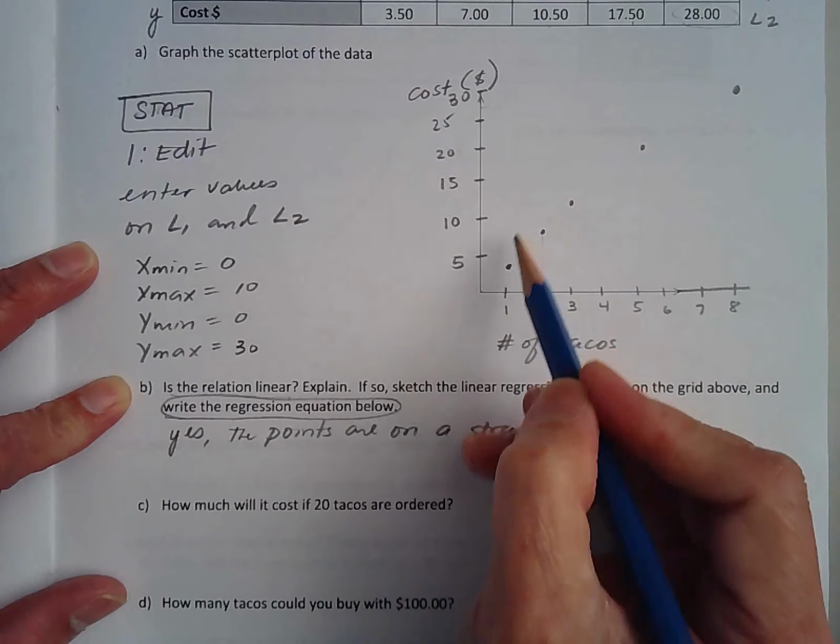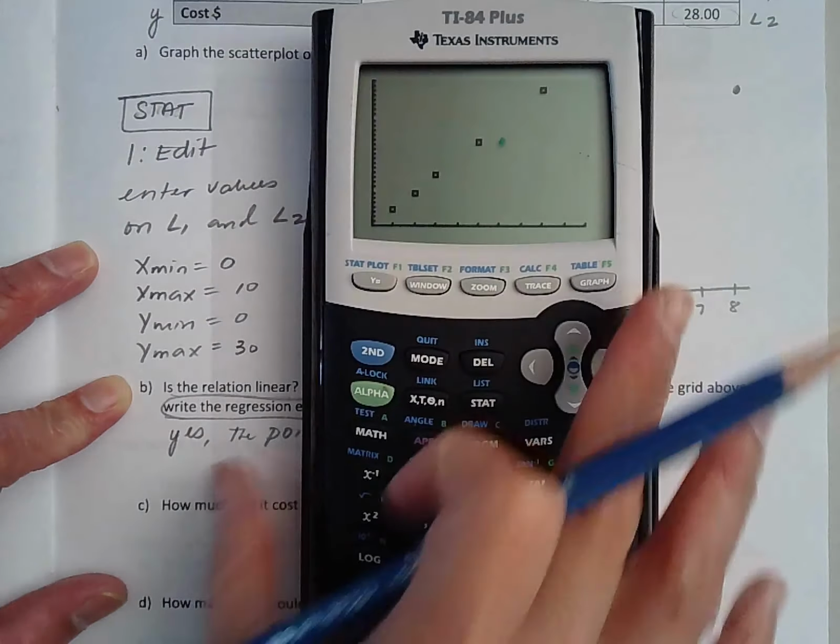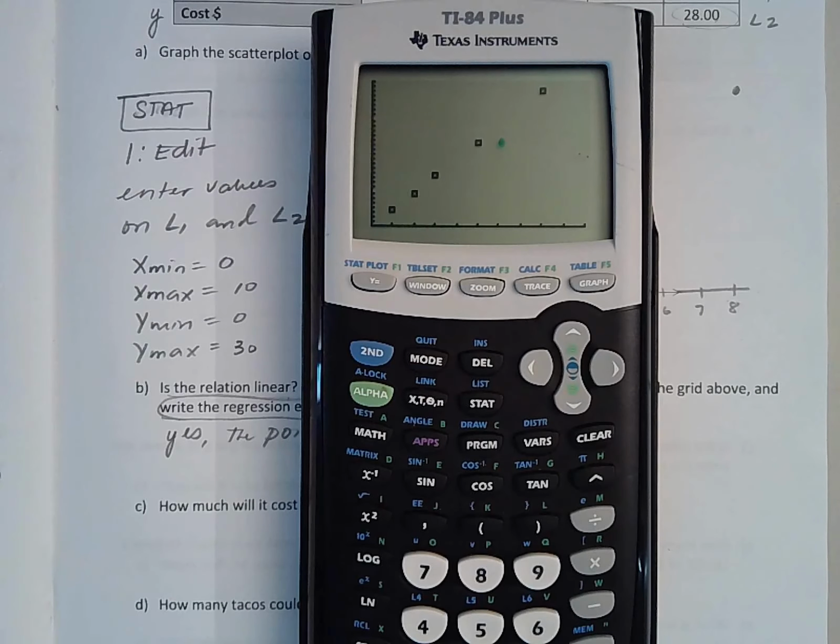That's our window, from 0 to 10, 0 to 30. Just a quick scan around. Are you in the same place? Okay, good. I just want to make sure that everyone's focused.